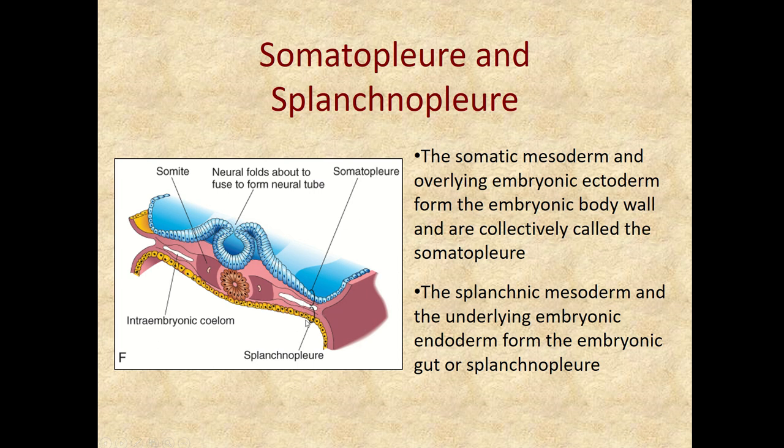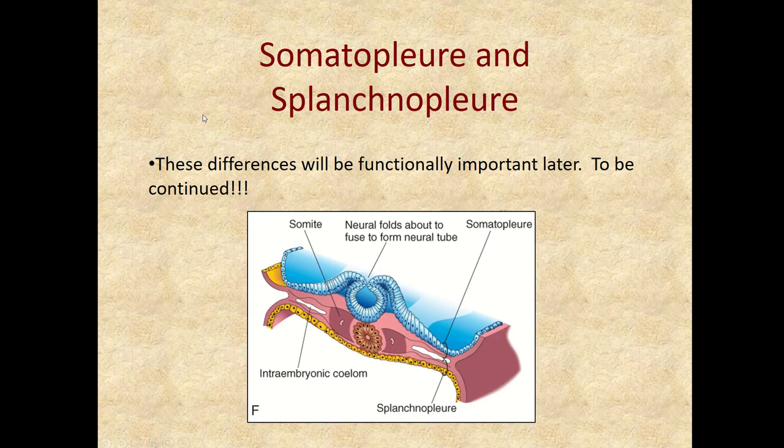The splanchnic mesoderm that is next to the endoderm is together with the endoderm referred to as the splanchnopleure, and the endoderm here is going to develop into the gut. And so the mesoderm that is adjacent to it is going to be functionally innervated by GVAs. And so these functional differences are going to continue as you understand the nervous system in its multiple layers.